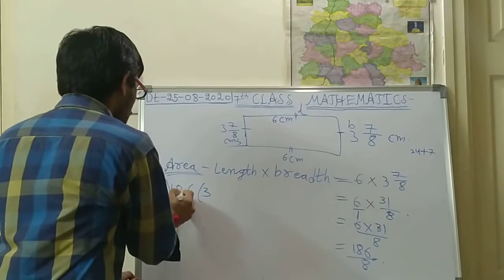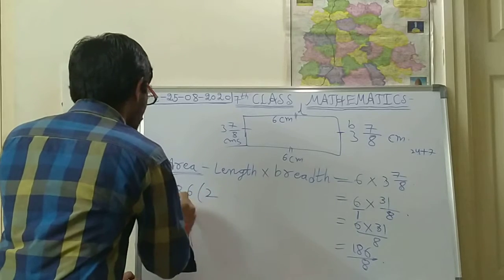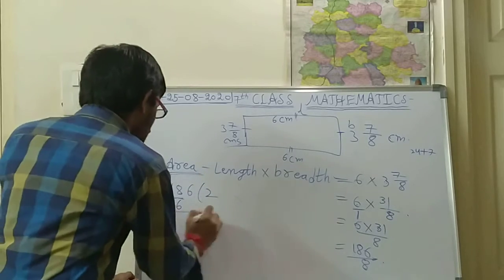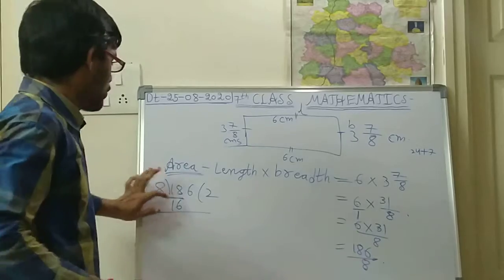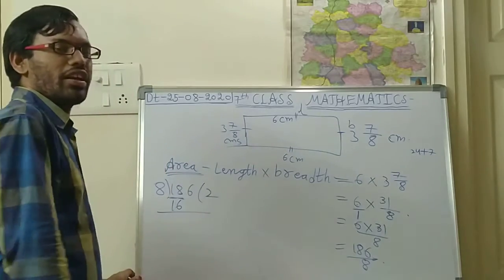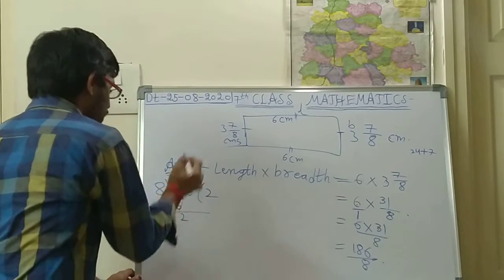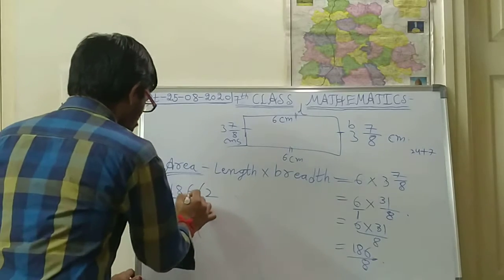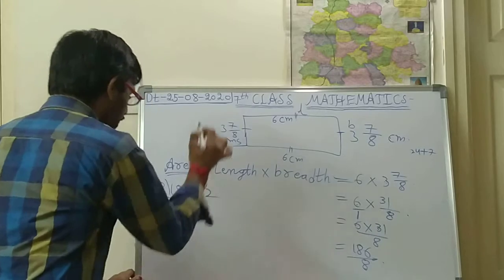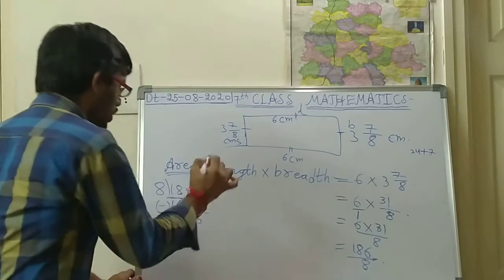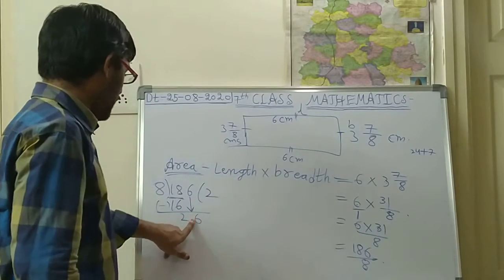So if you take 8 twos, 16, 16 is lesser than 18. So 18 minus 16. 8 minus 6 is 2, 1 minus 1 is 0. So 2. Again, now send 6 to the downside. 26.